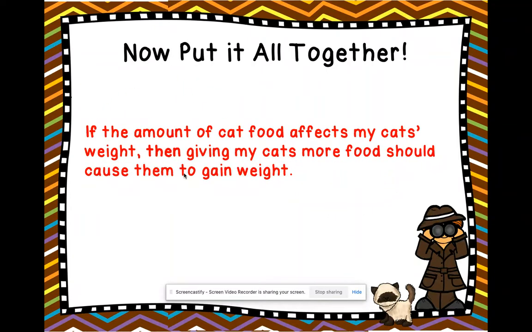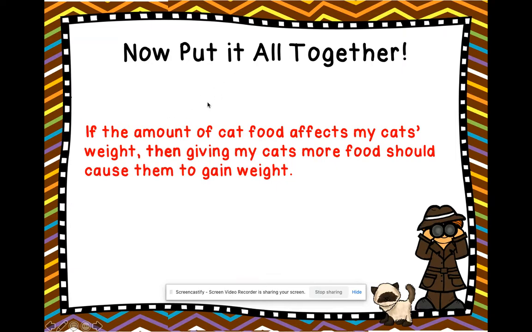Then you put it all together. What I have in red right here is a wonderful example of a fifth grade appropriate hypothesis. I'm not worried if your hypothesis is right or wrong. Today, you're going to practice in the scientific method writing a good fifth grade appropriate hypothesis.